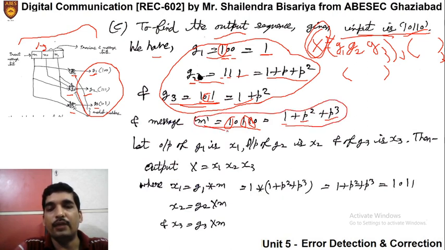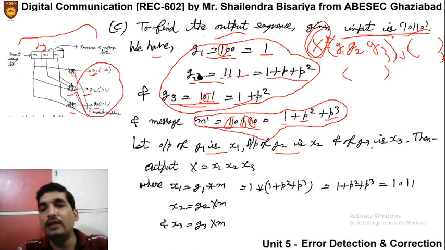It is m. Now, what will be the output sequence? Let the output of G1 be x1, let the output of G2 be x2, and let the output of G3 be x3.